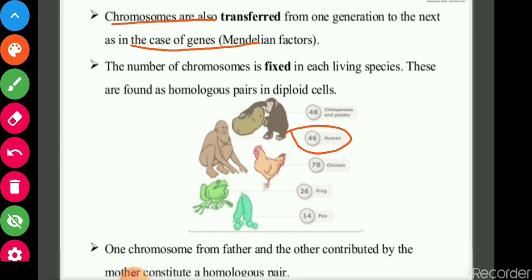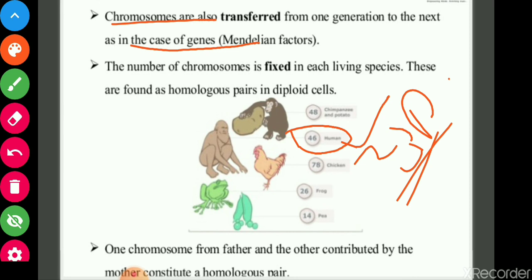These are found in homologous pairs in diploid cells. So in humans we have 46 chromosomes, meaning 23 pairs of chromosomes in the cell. So every organism has a definite number of chromosomes. One chromosome from the father and the other contributed by the mother constitute a homologous pair.